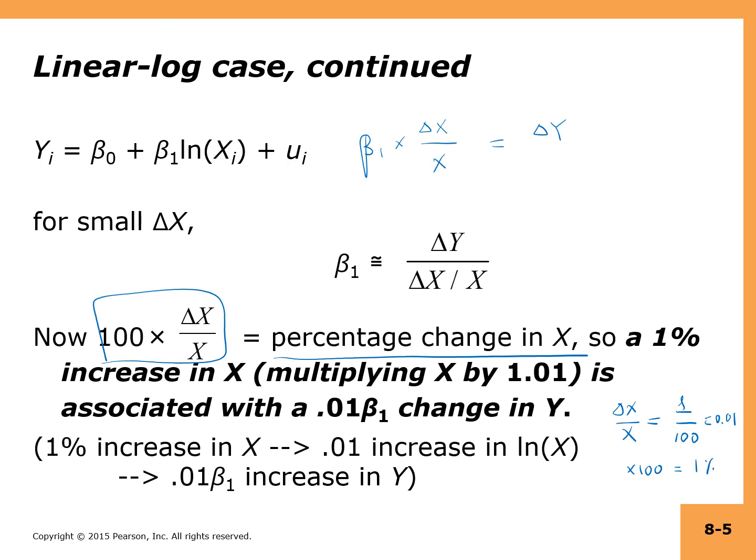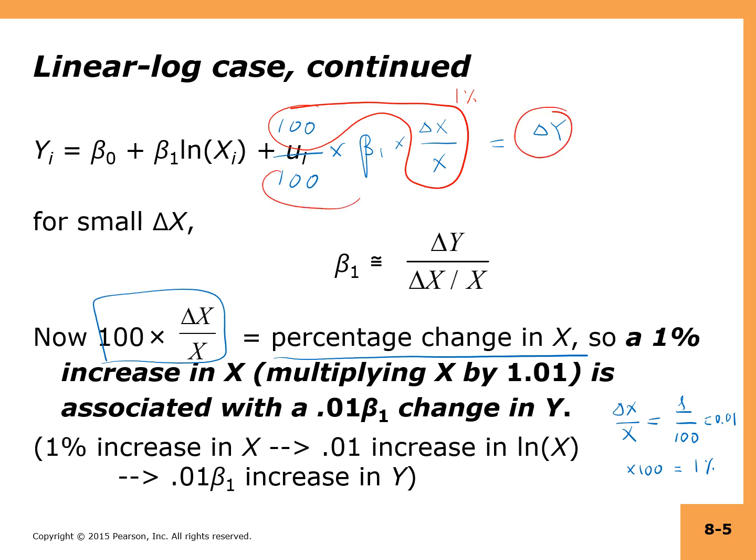So when x changes by 1%, then y would change by 1 over 100 times beta 1.